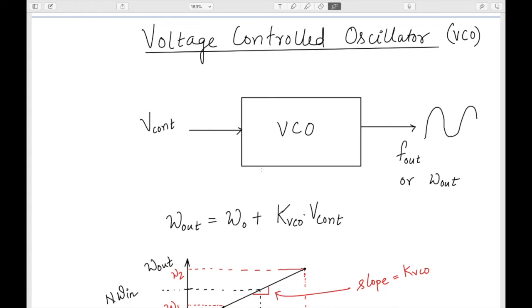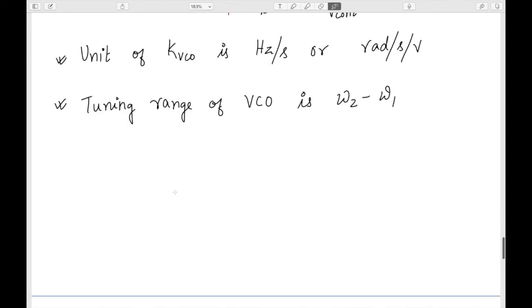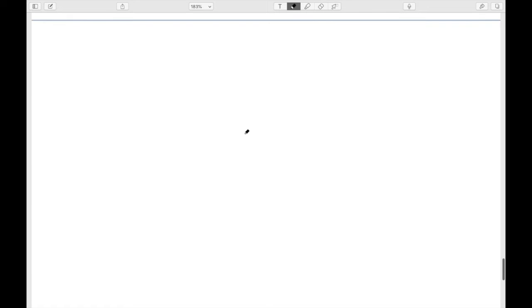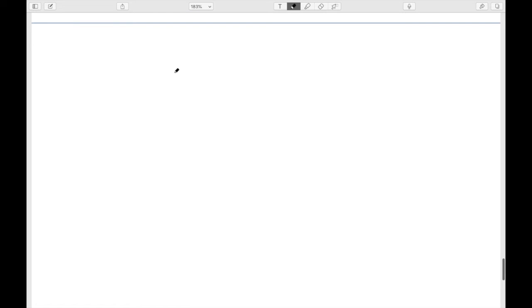Okay, so discussing more about the VCO. To look into the VCO, let me write down the exact expression of the output of the VCO.